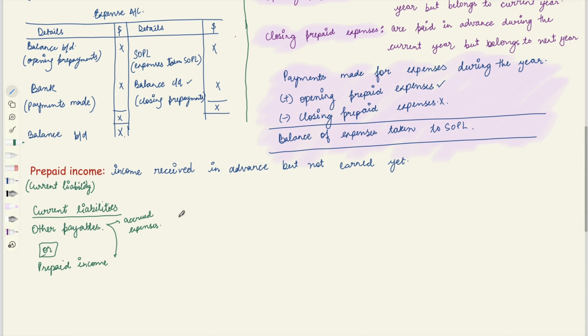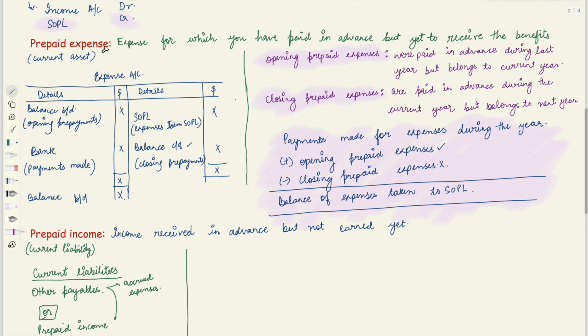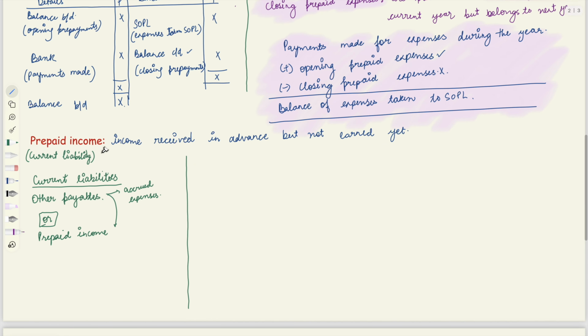Now, this is how we show it in statement of financial position. Next thing is how to show it in statement of profit or loss. In statement of financial position, you always show the closing balance: closing prepaid income, closing accrued expenses, closing accrued income.